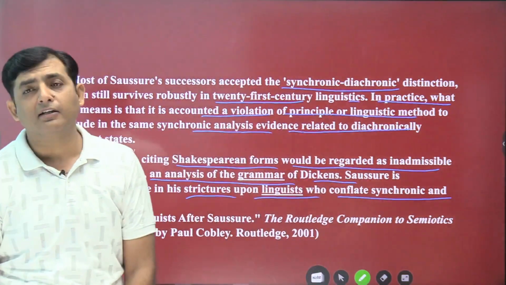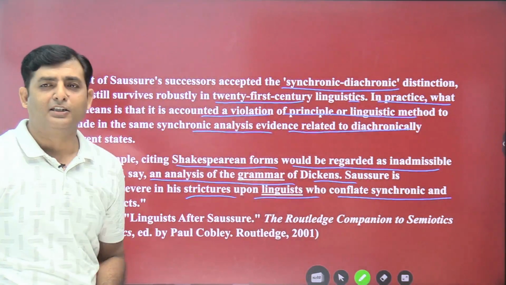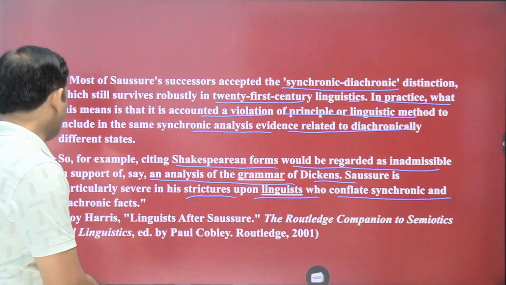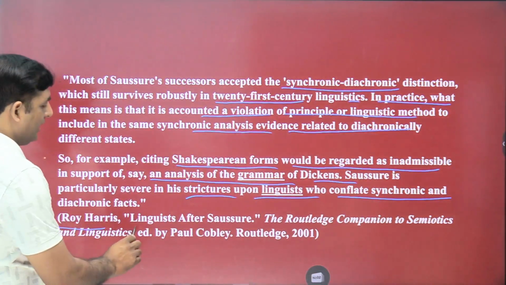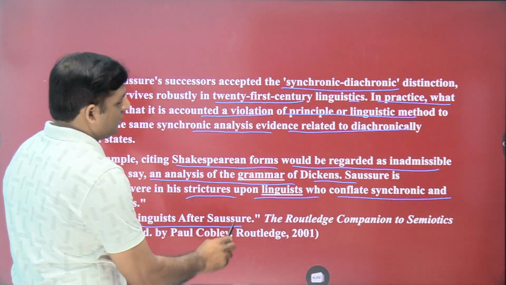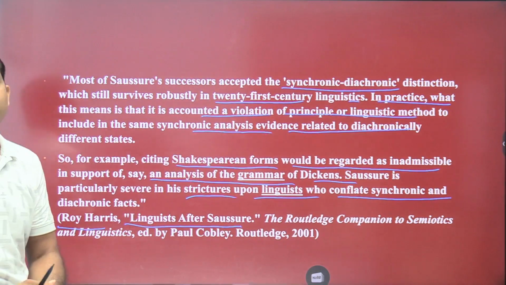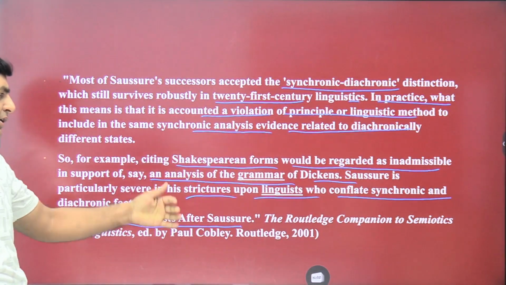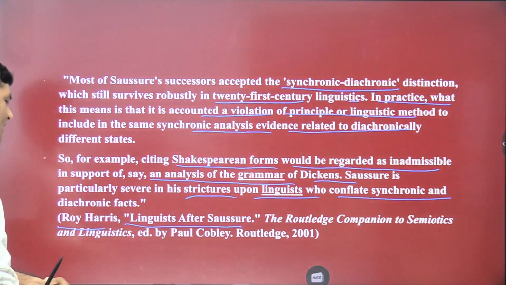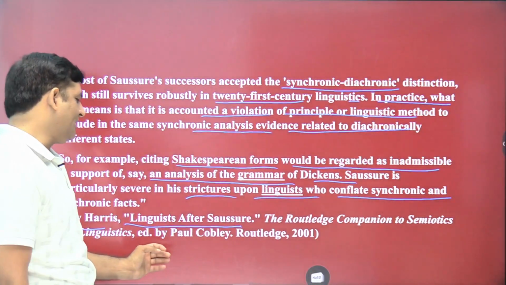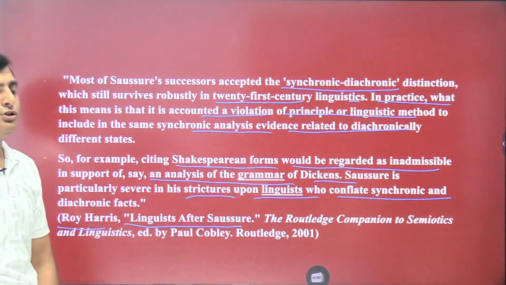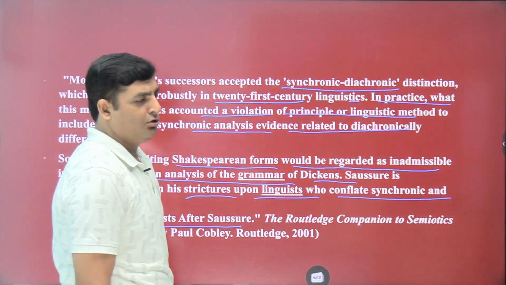And once again, this is a quotation from another book of linguistics written by Roy Harris, Linguistics after Ferdinand de Saussure, published in the Routledge Companion to Semiotics and Linguistics, edited by Paul Cobley, Routledge, 2001.